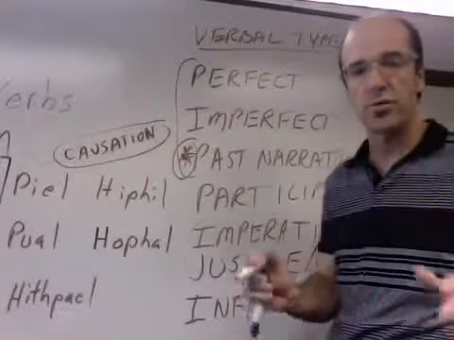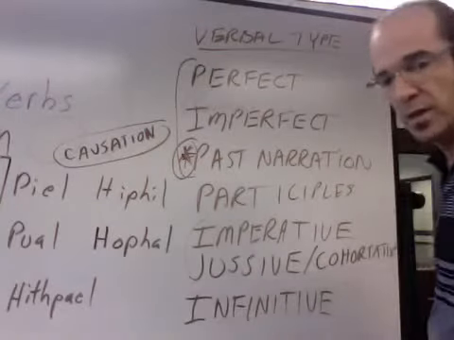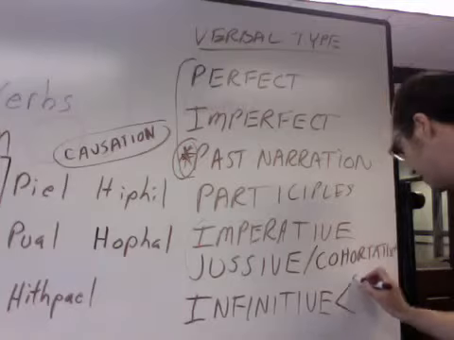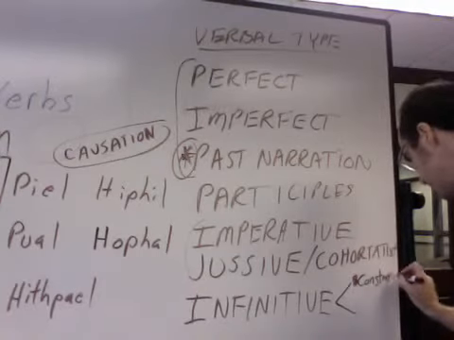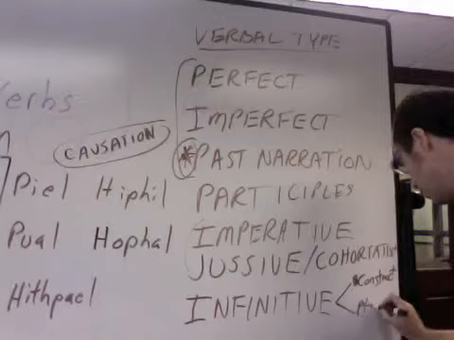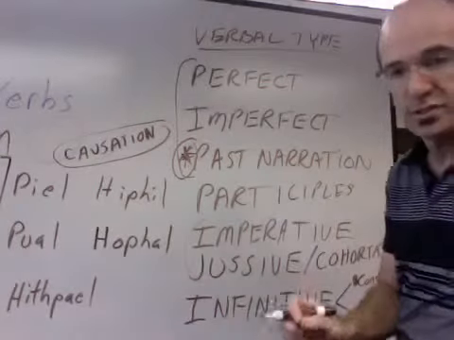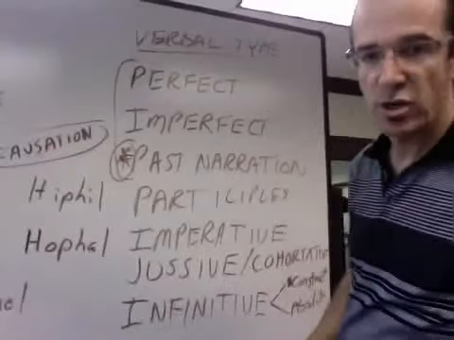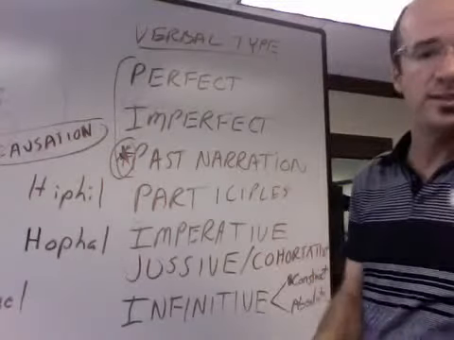So you'll see all of those. And then there are infinitives, and there are two kinds of infinitives. There's an infinitive construct and infinitive absolutes. Both of these have distinct uses. So it isn't enough to call something an infinitive; you need to say what kind of infinitive it is.